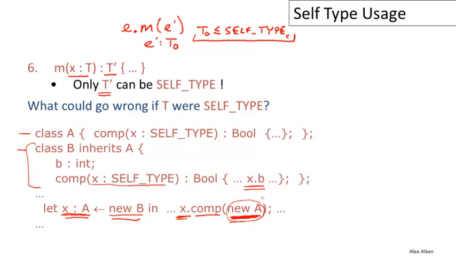Just to go over that one more time, to make sure that it's clear: here x has static type A but dynamic type B. The argument has static type A and dynamic type A. When this method gets invoked, the argument, which is of dynamic type A, does not have all the fields and methods of the class B, and it results in undefined behavior at runtime.